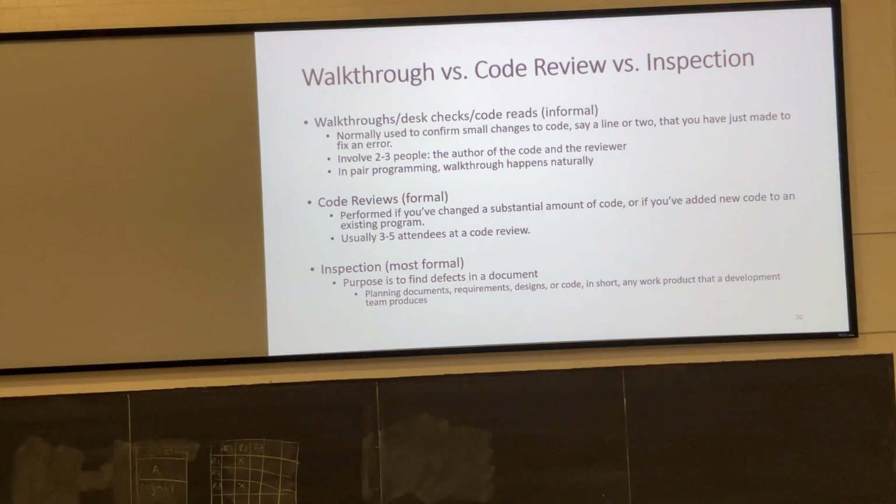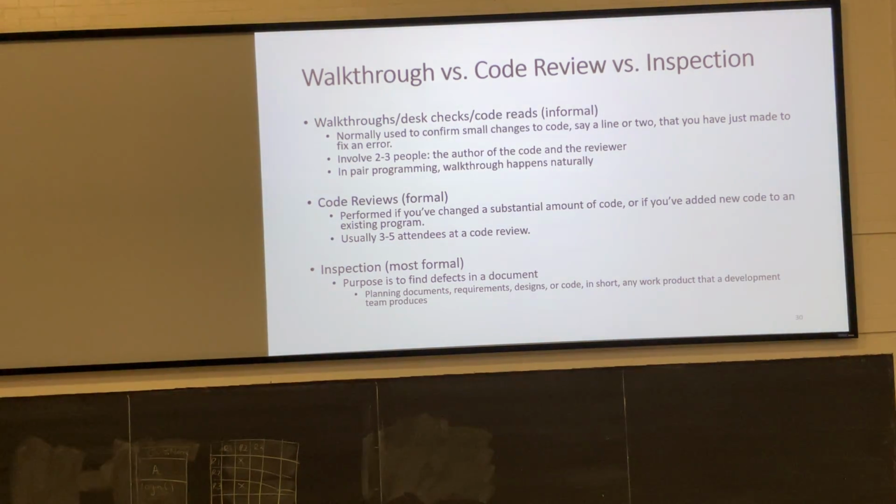So this one involves when you're changing a substantial amount of code, or you're adding new stuff, and then you want to see whether the code that you've added is good code, you're following all the design principles, SOLID, DRY, KISS, YAGNI, ring a bell?